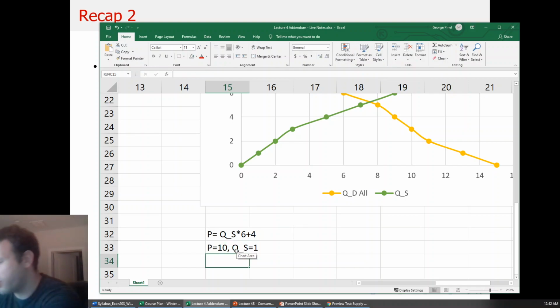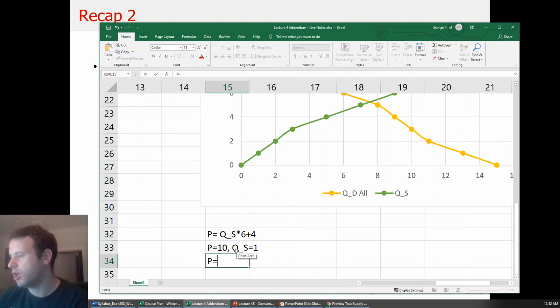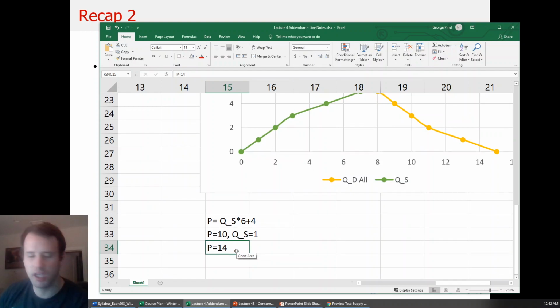So given that I know the price, I can say something about the quantity. If I change the price to, let's say, 14, what's the quantity? Again, we just have to solve it. It's just an equation, a function. QS times 6 plus 4 equals 14, QS times 6 equals 10, QS equals 10 divided by 6.